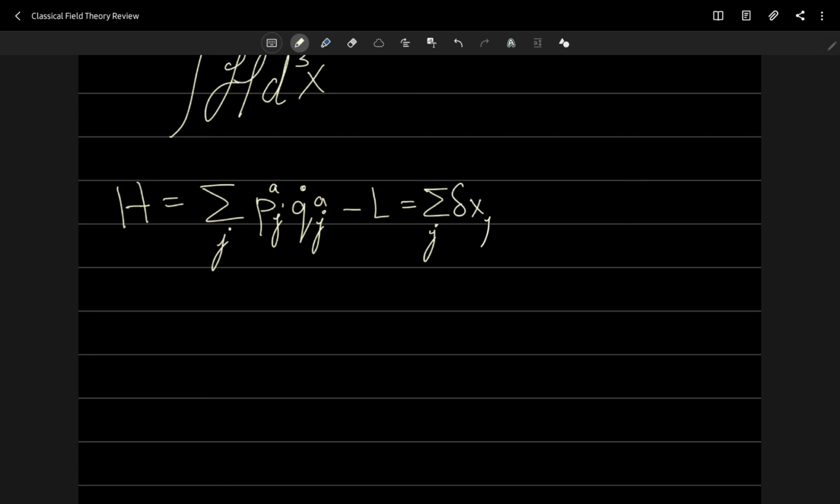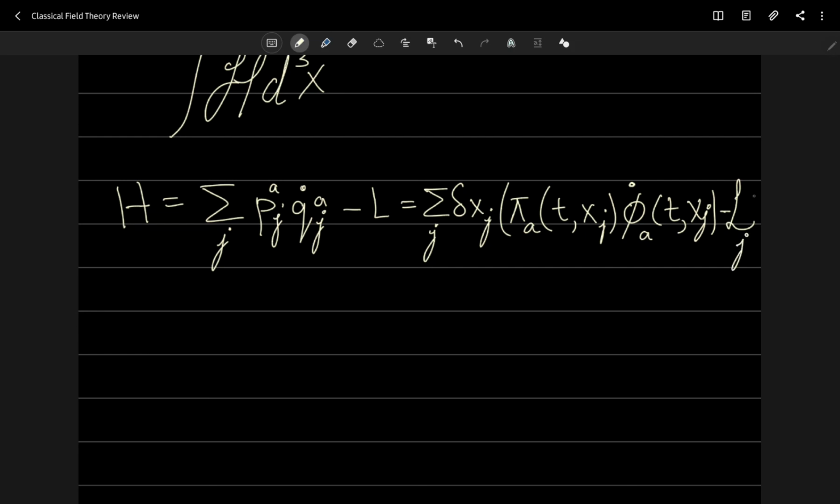which, if you want me to write it down, is simply summation j delta x_j of pi^a(t, x_j) times phi dot(t, x), minus the Lagrangian density, right? So this thing I have written in terms of the density.